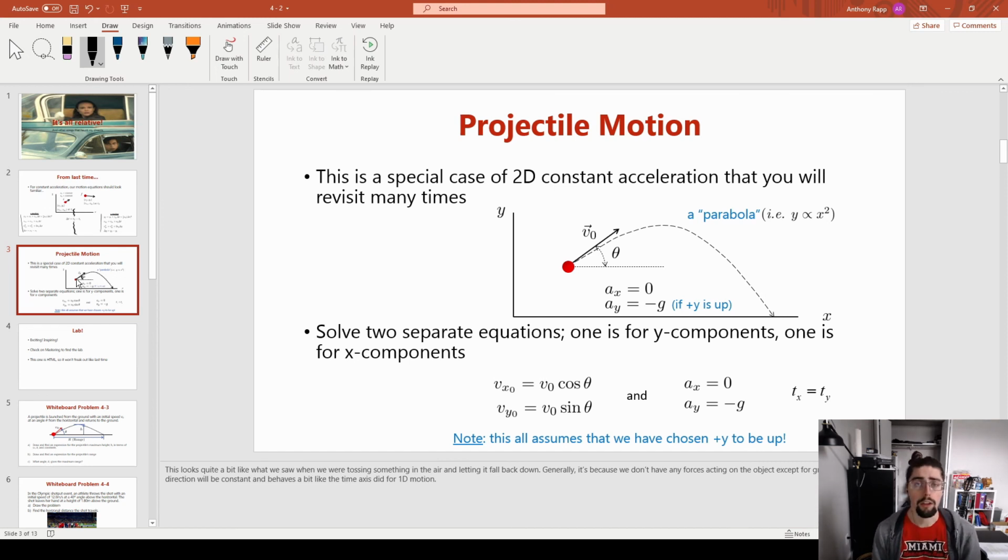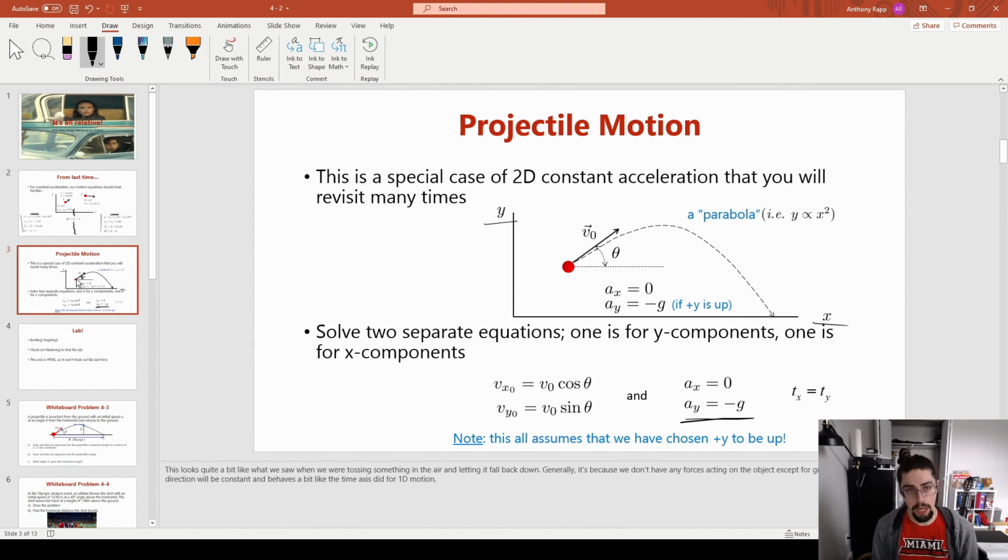In any of those scenarios, what we typically imagine, if we are going with our standard drawings of y going up and x going to the right, is that our acceleration in the x direction is 0. There are no anti-gravity guns that we know of or have access to that are pushing or pulling it in air. But there is an acceleration in the y direction because of gravity, and that is negative g, so downwards by 9.8 meters per second squared.